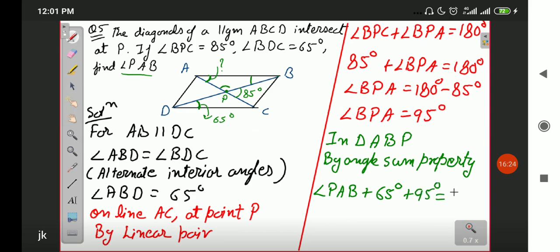The sum of all these angles is 180 degrees. That is the angle sum property of a triangle. So angle PAB is equal to 180 degrees minus 160 degrees. So the value of angle PAB will be equal to 20 degrees. Okay. I hope you get this one also.